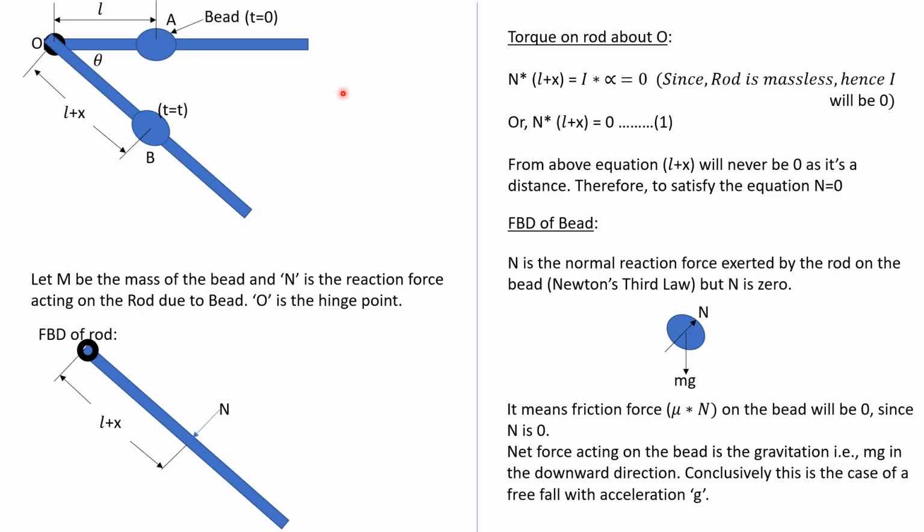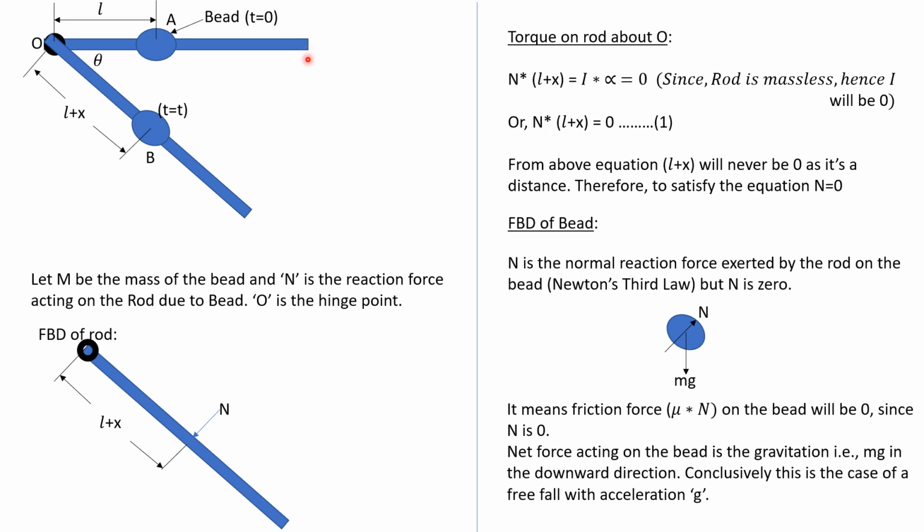This is the diagram I have made. After t time the rod rotates from here to here and takes this position, and this is the angle theta. Initially, L is the distance of the bead from O at t equal to 0.